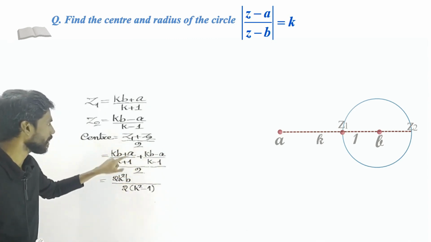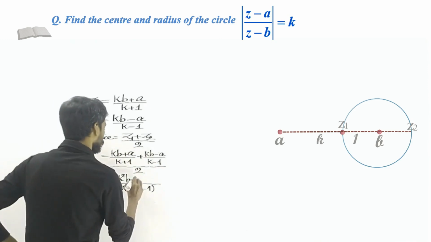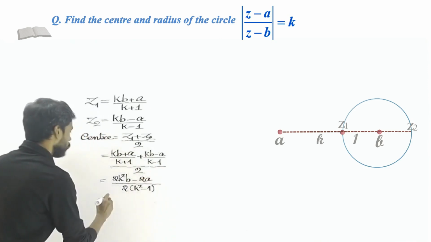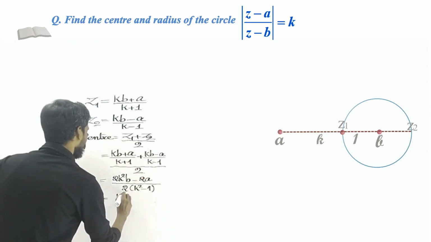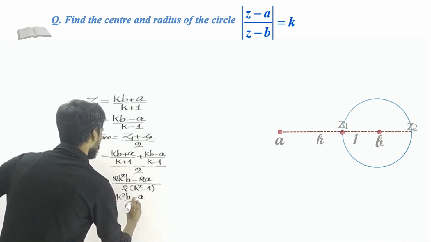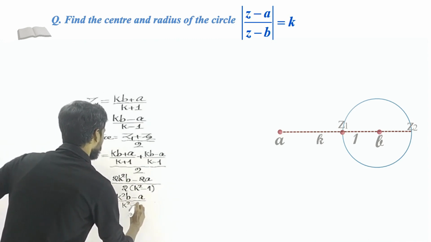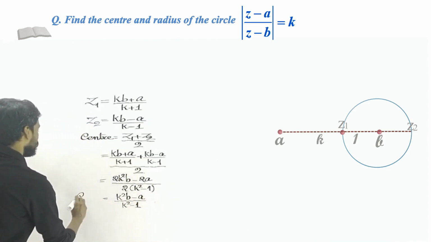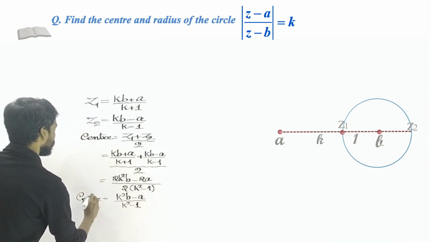So this is minus A and minus A, so minus 2A. If you divide by 2, we get k square B minus A divided by k square minus 1. So this is the center of the given circle.